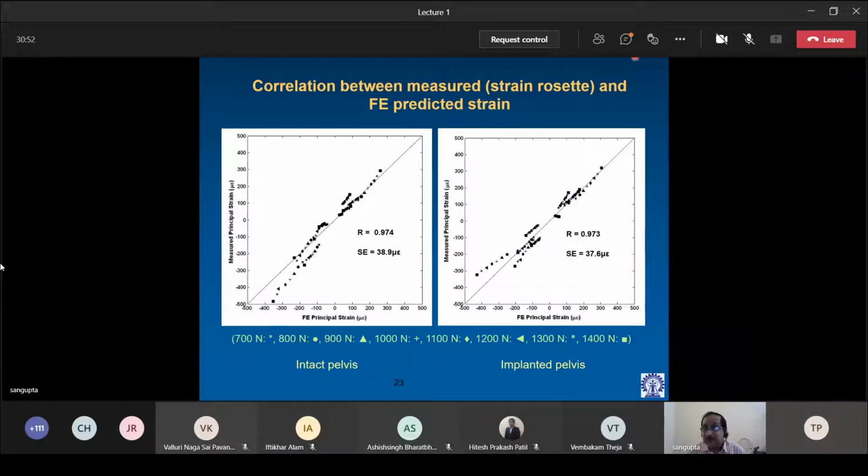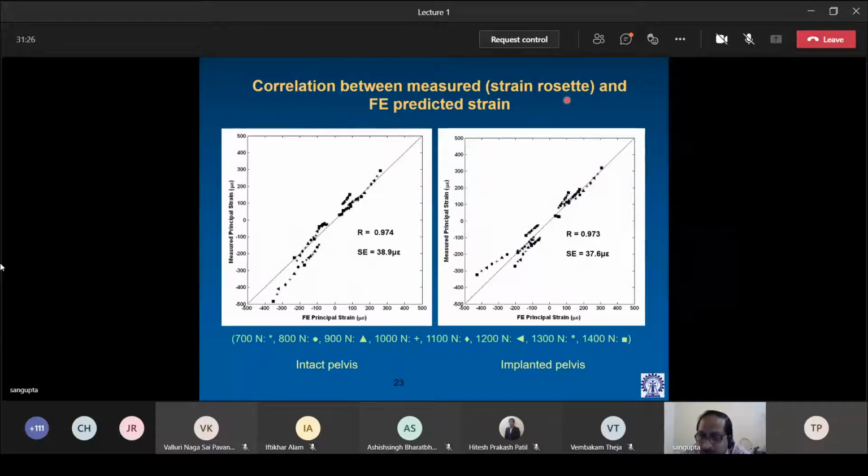Now, if you use strain rosettes, here also we can see that it is highly correlated. Okay. Results of this are not DIC. Please note that this is strain rosette measurement. The same bone, intact as well as implanted. First, we performed the DIC measurement. Then we erased the paint, and then we put on the strain rosettes, and we got these results.